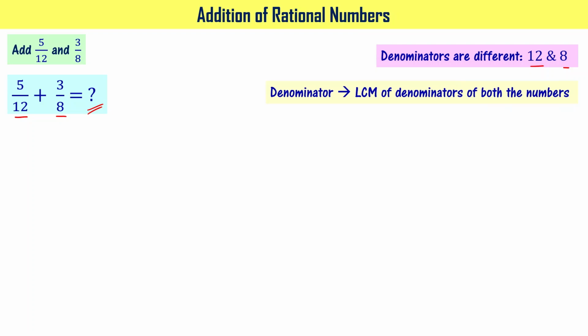The denominator of the resultant number is going to be the LCM of denominators of both the numbers. Meaning it is going to be LCM of 12 and 8. The denominator of the resultant number is going to be the LCM or the least common multiple of 12 and 8.